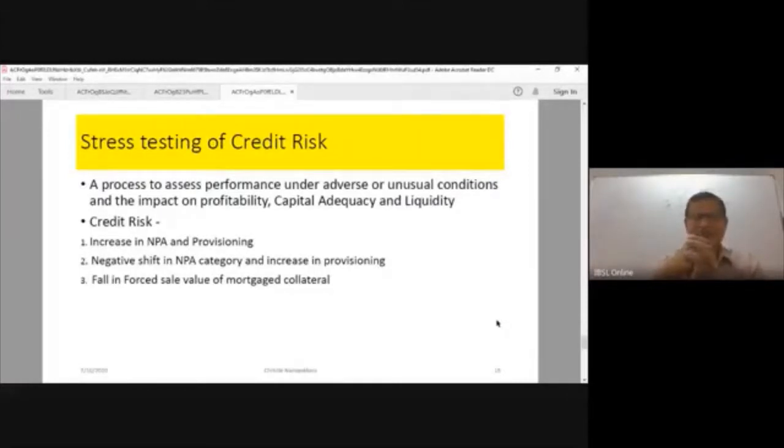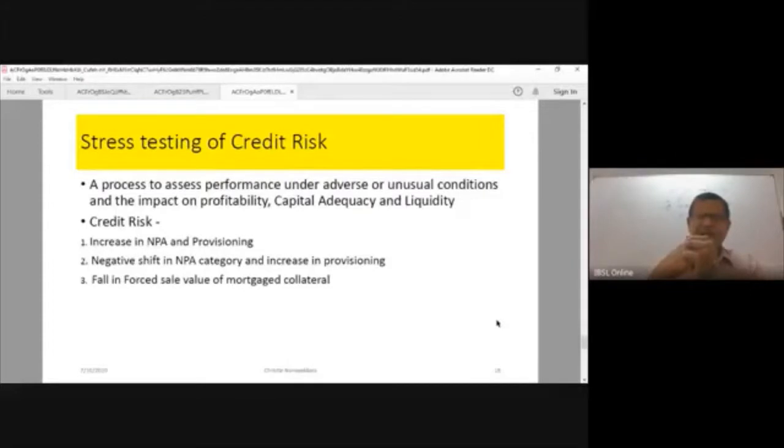So, the process of assessing performance under adverse or unusual conditions and the impact on profitability, capital adequacy and liquidity. Generally, when you get into a higher level of credit risk, your NPA ratios will rise.